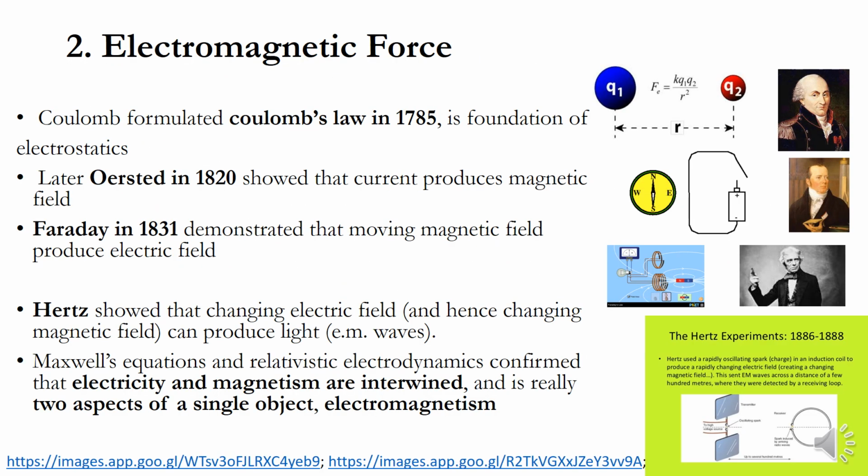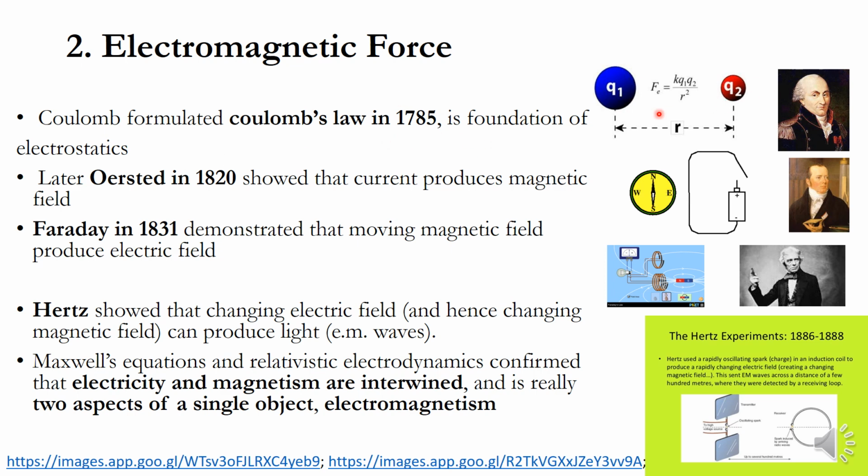So the second type of force is the electromagnetic force. Initially, the electromagnetic force was two different fields, electrostatic force and magnetostatic force. We have studied that Coulomb formulated Coulomb's law in 1785, and it is the foundation of electrostatics.